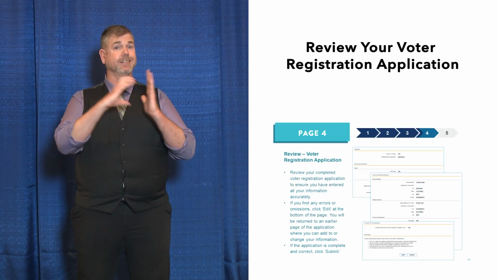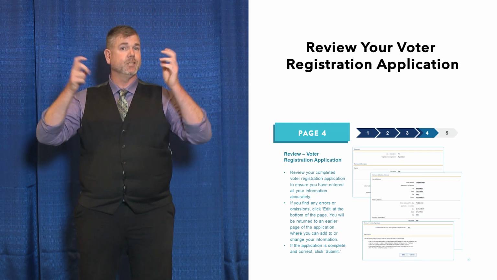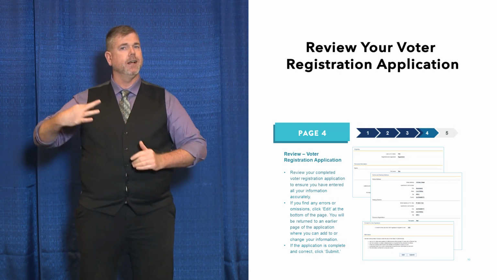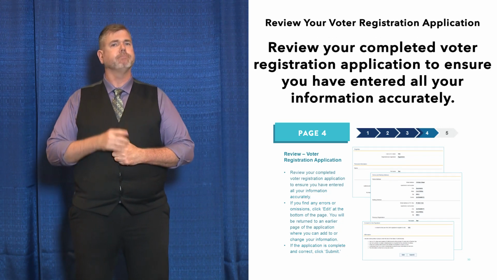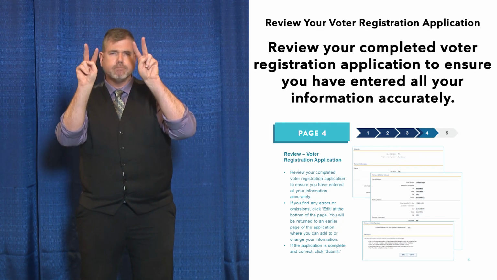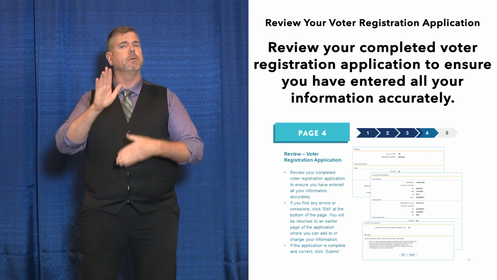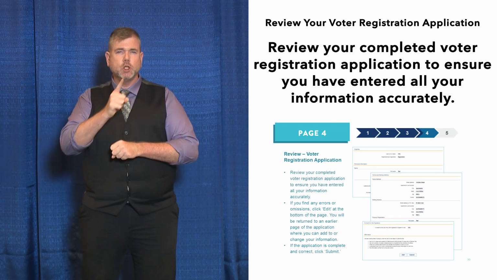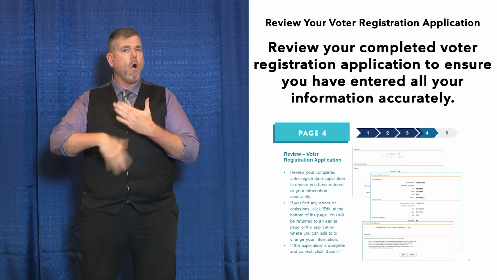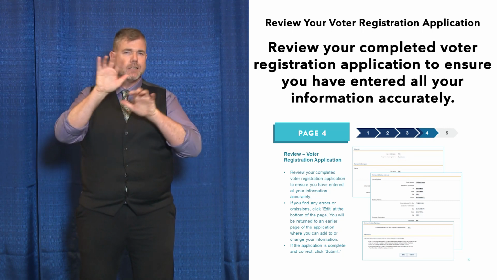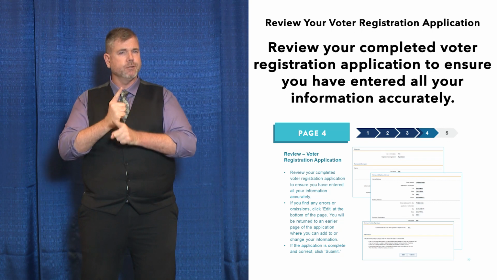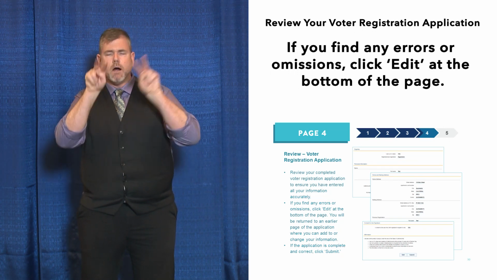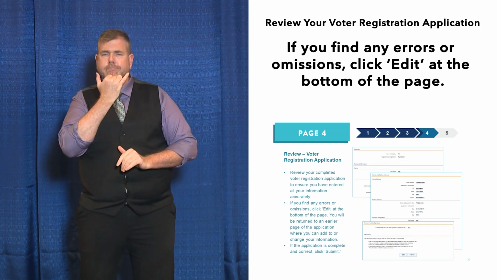Review your voter registration application. Review your completed voter registration application to ensure you have entered all your information accurately. If you find any errors or omissions, click Edit at the bottom of the page.